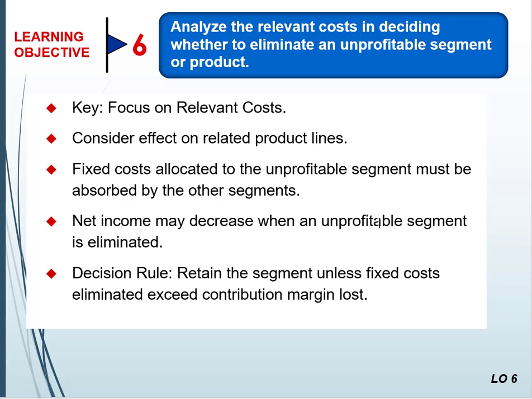That's really the question: what happens to net income if we get rid of this particular product line? We're going to keep a segment unless the fixed costs eliminated exceed the contribution margin that is lost.